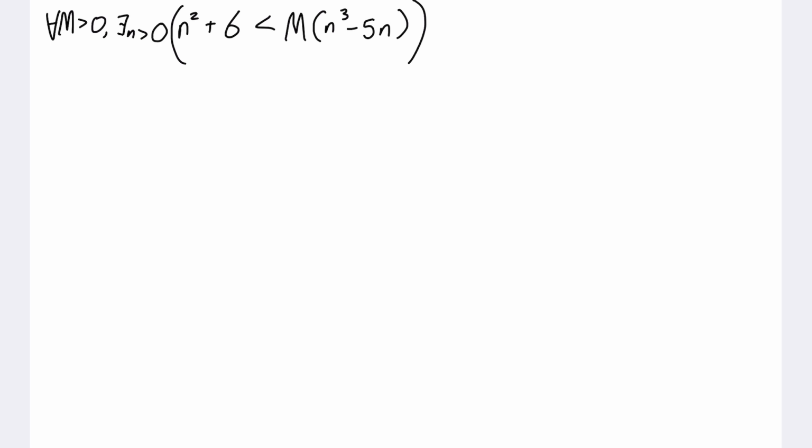So for n squared plus 6, we want to find a simplified expression that is greater than that in order to fit between the two sides of the expression. And that, thankfully, will be pretty easy.